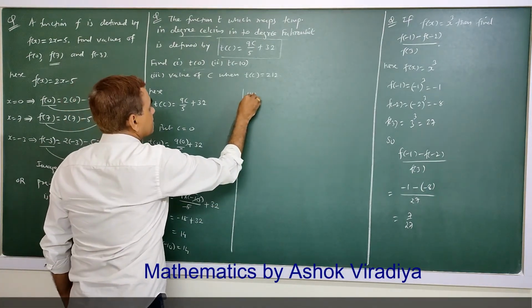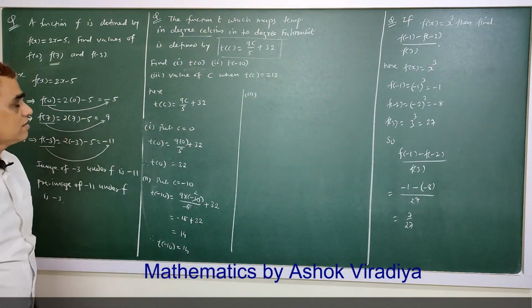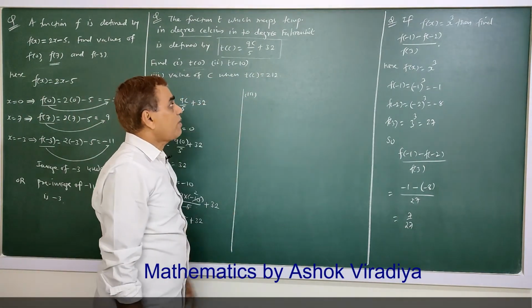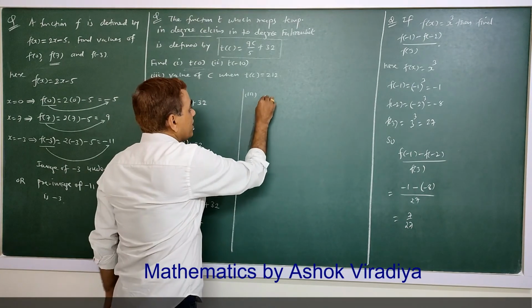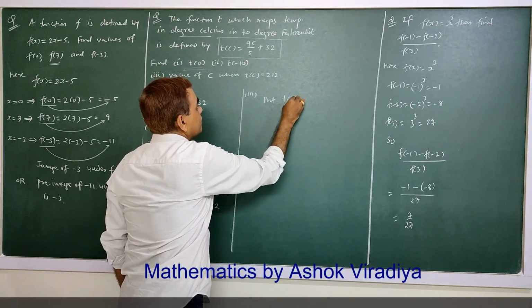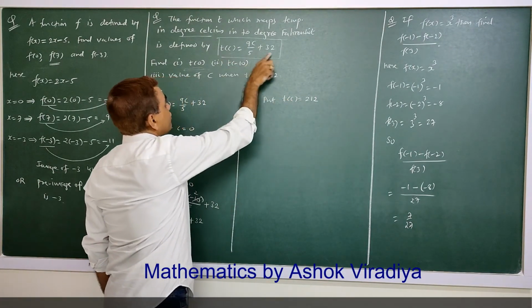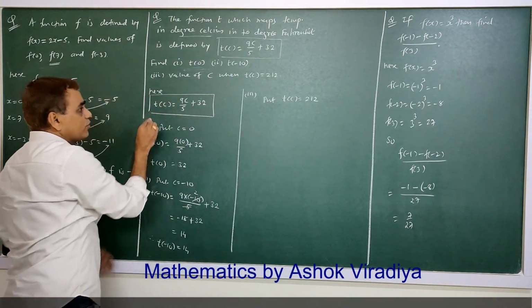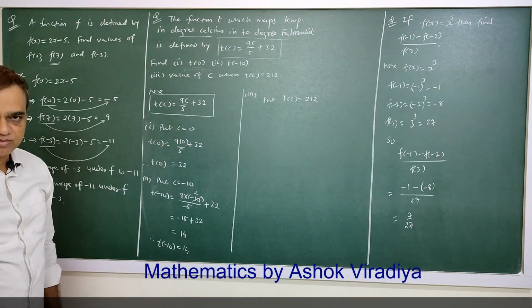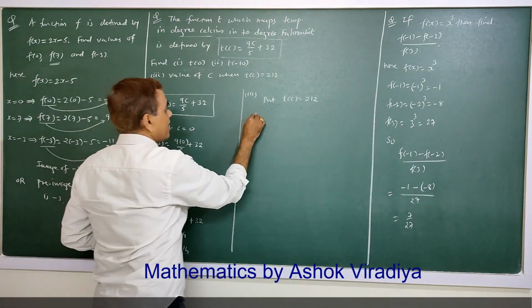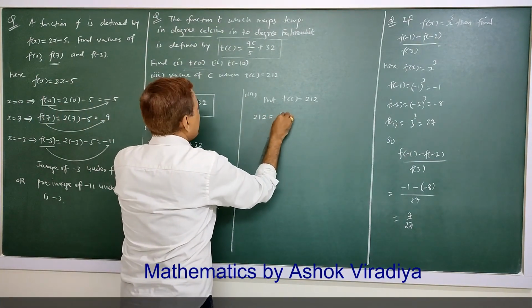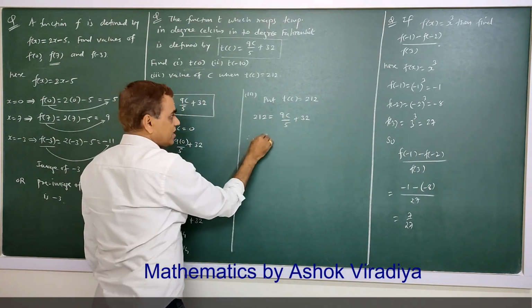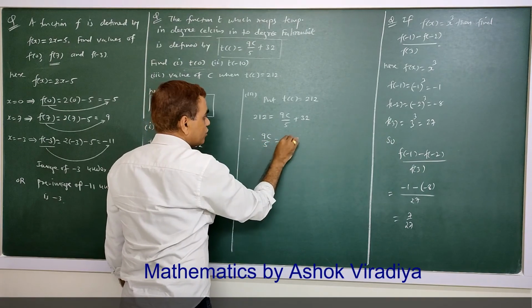Third is find the value of C when T of C is 212. Now we are putting T of C equal to 212 in this formula. So 9C by 5 plus 32 is 212.